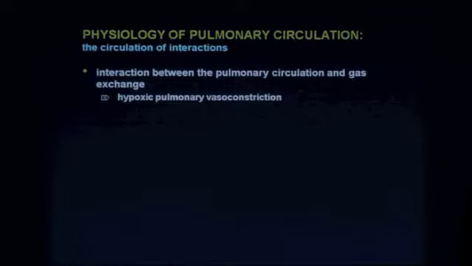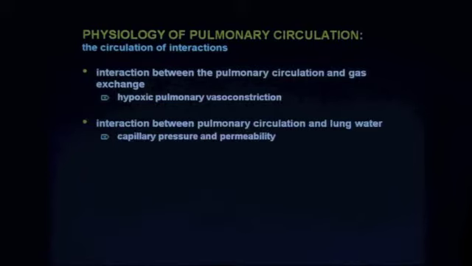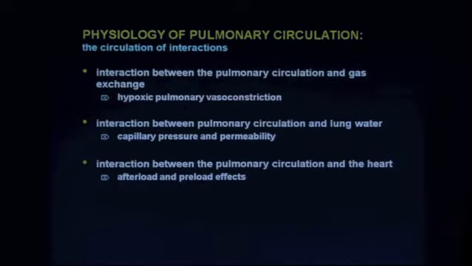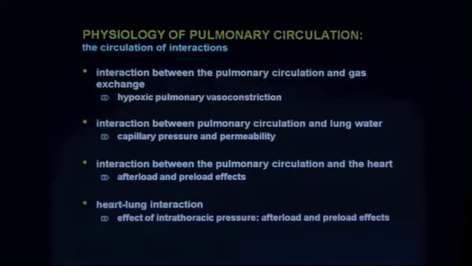Let's first start with the physiology of pulmonary circulation, which actually is a circulation of interactions. It has interactions between the circulation itself and gas exchange, interaction between the circulation and lung water, interaction between the circulation itself and the heart, and finally, my current topic, the heart-lung interactions, which is basically the effect of intrathoracic pressures on the circulation and the heart, and the interaction between the two hearts themselves.